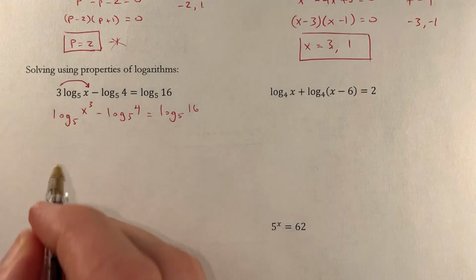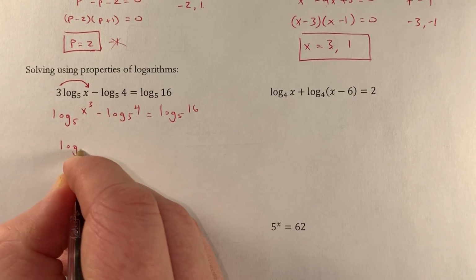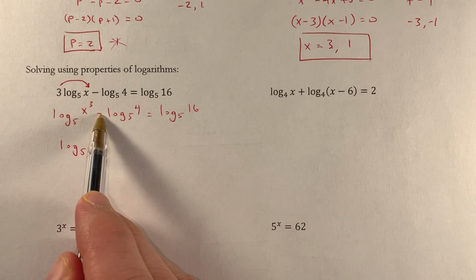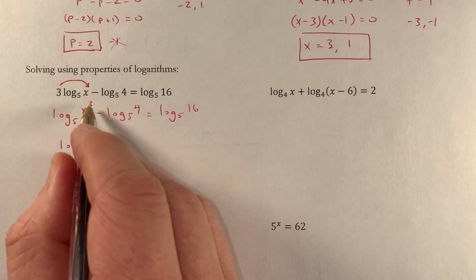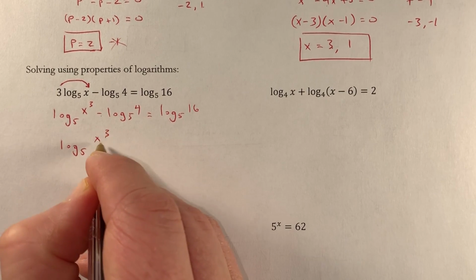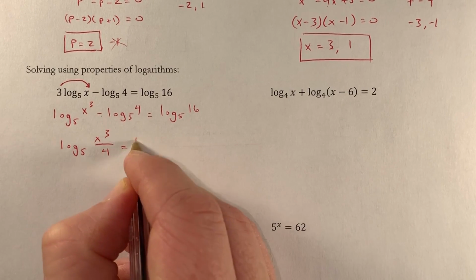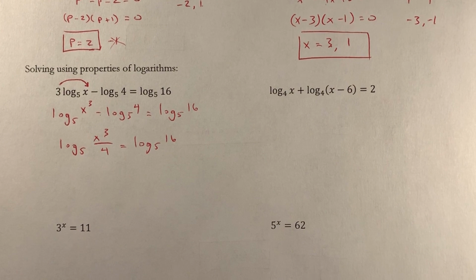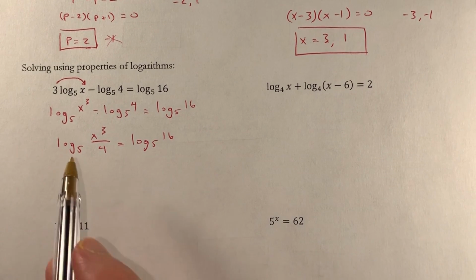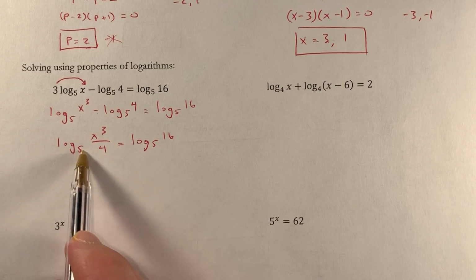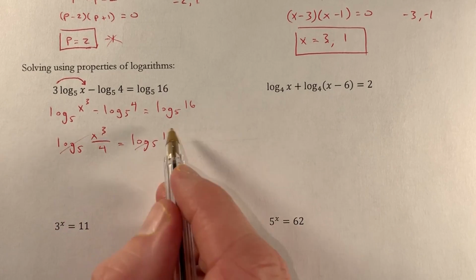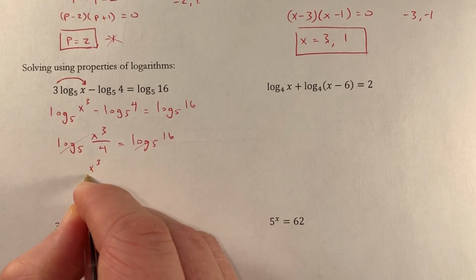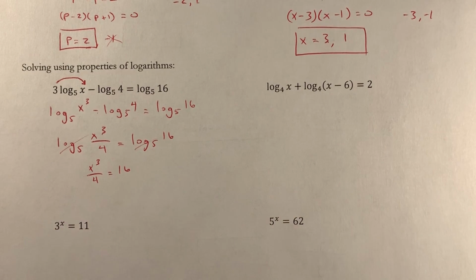That can be condensed to a single logarithm, log base 5, and since I'm subtracting, the arguments are divided. X cubed divided by 4 equals log base 5 of 16. Okay, now, equal logs, equal bases, x cubed over 4 equals 16.